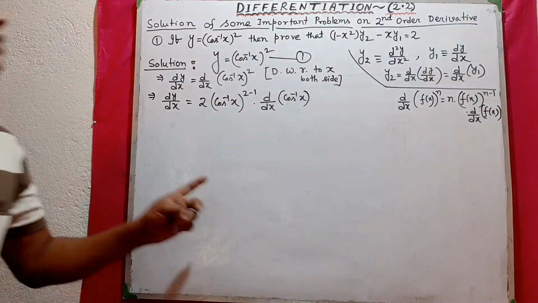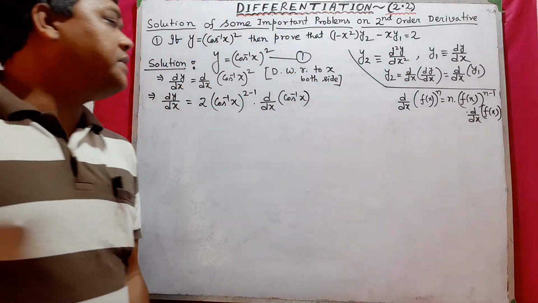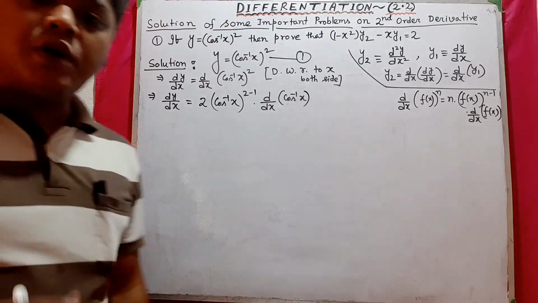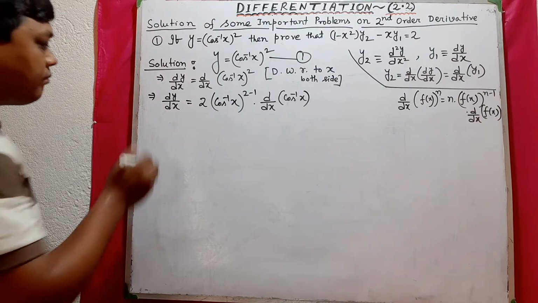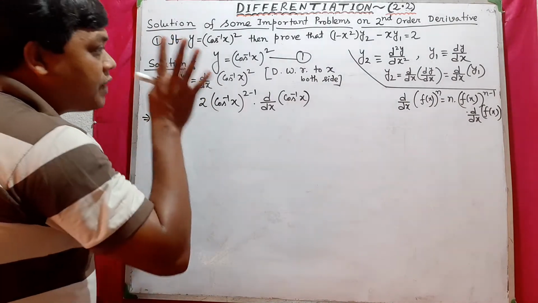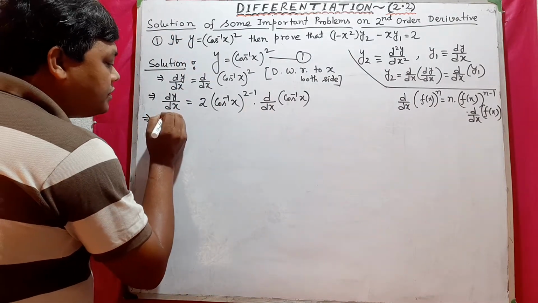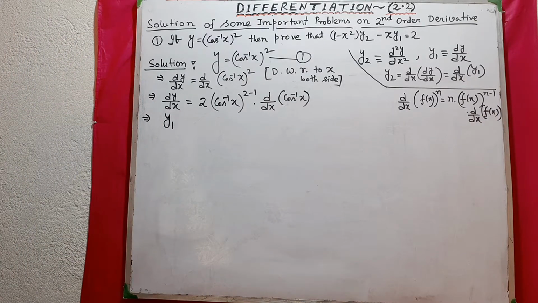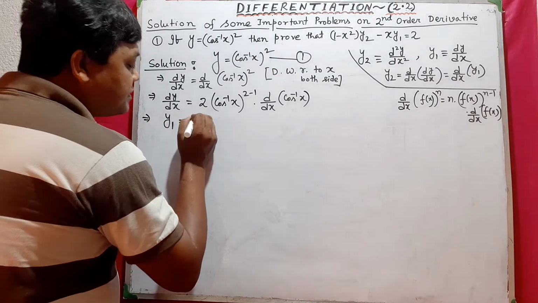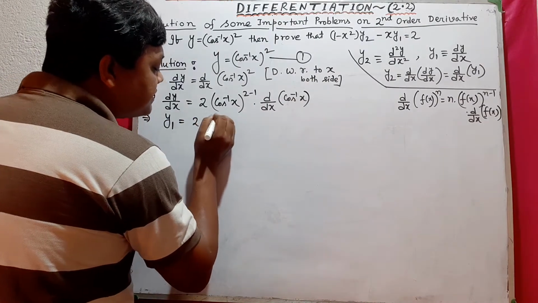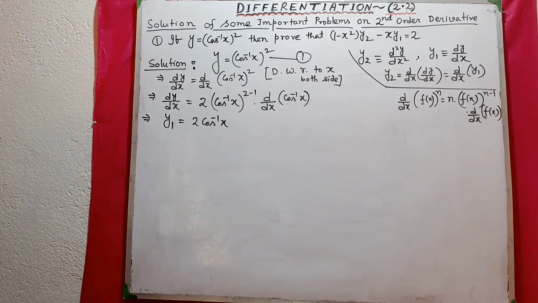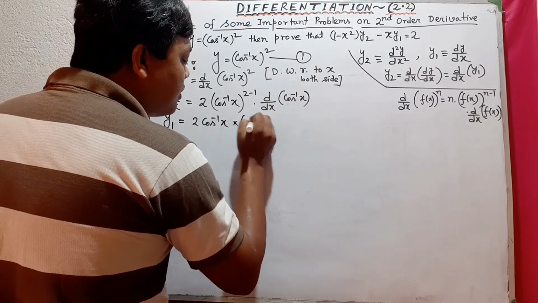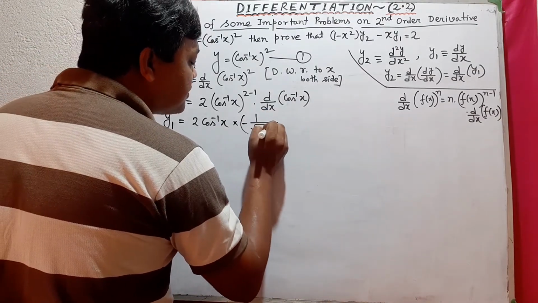That's why I have written here 2 into (cos inverse x) to the power 2 minus 1 d/dx of cos inverse x. According to the usual notation, dy dx we can write here y1. Keep it in your mind. And that is 2 cos inverse x, and d/dx of cos inverse x, that is minus 1 by square root of 1 minus x square. Am I right?